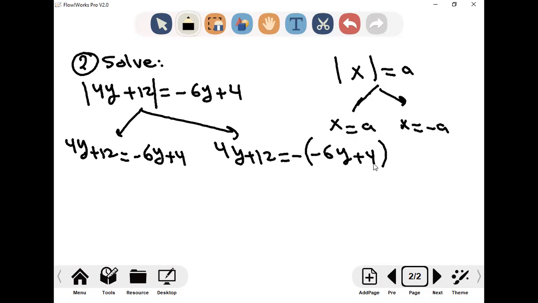Right? Absolute value can be positive and can be negative. So you need to make the first part positive, the second part negative. Yeah, sure, we change. Now we simplify.